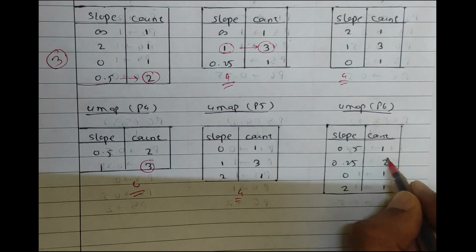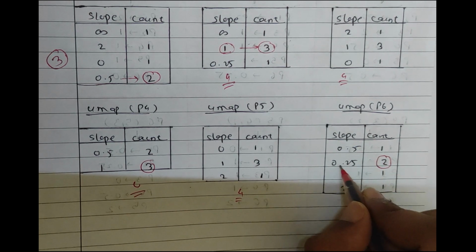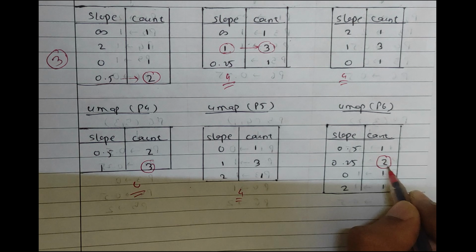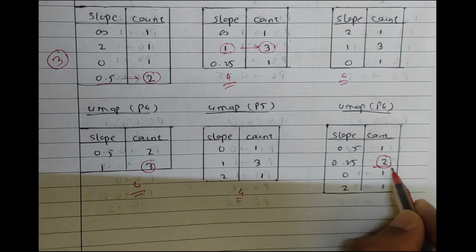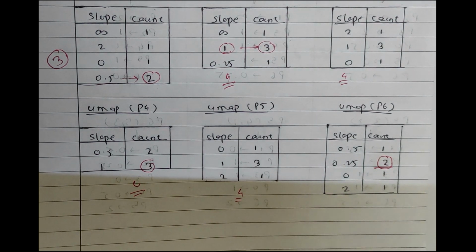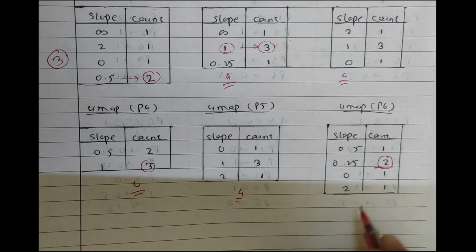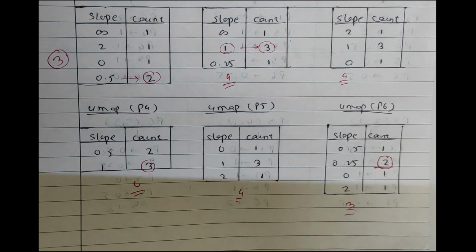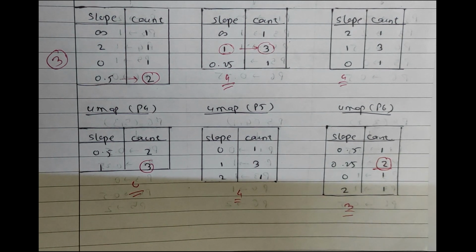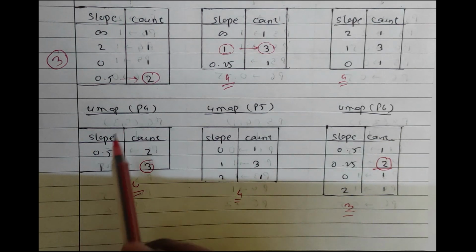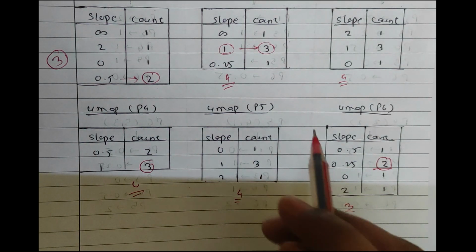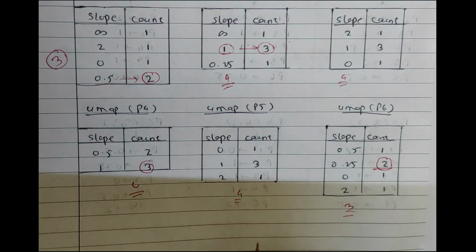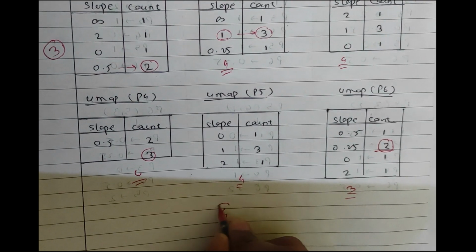For P6 the maximum slope is 0.25 and there are 2 such points, plus 1, so the total is 3. Based on the results, 4 is the maximum, so our answer is 4.